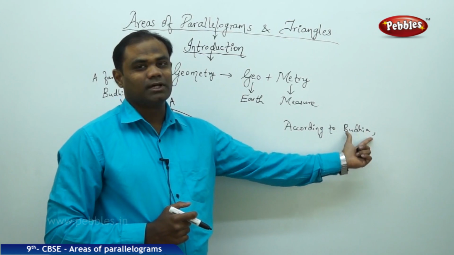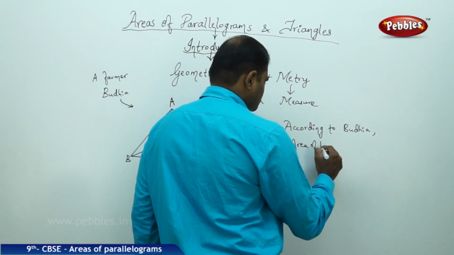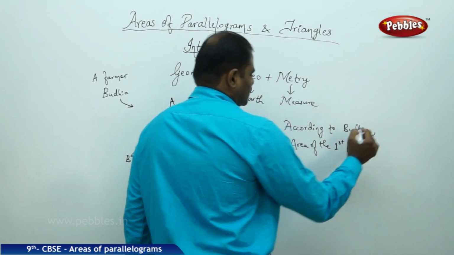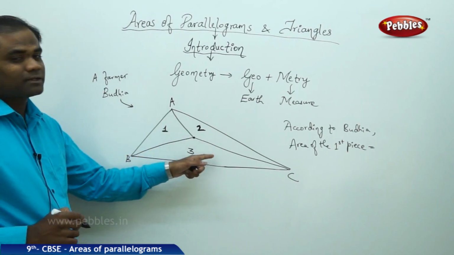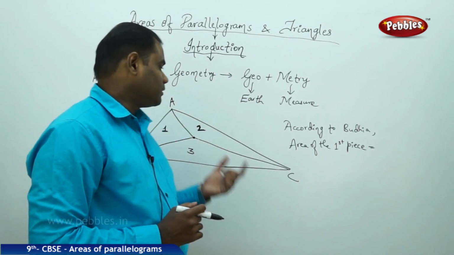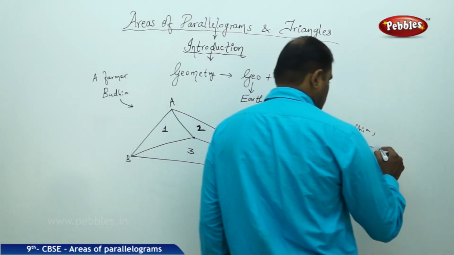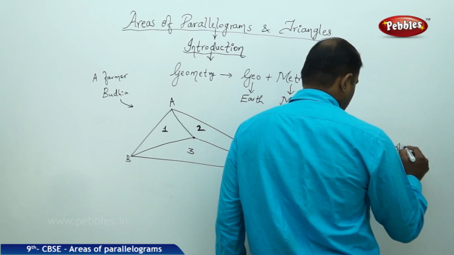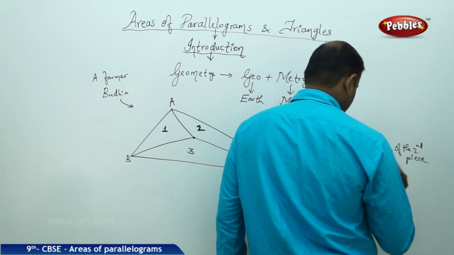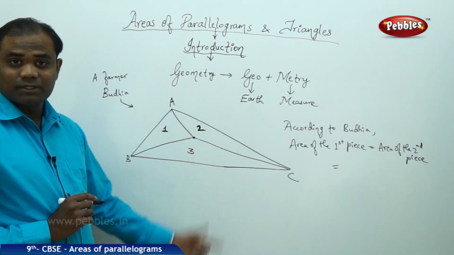According to Budhia, the area of the first piece is equal to the area of the second piece, though they are in different shapes, and also this is equal to the area of the third piece.